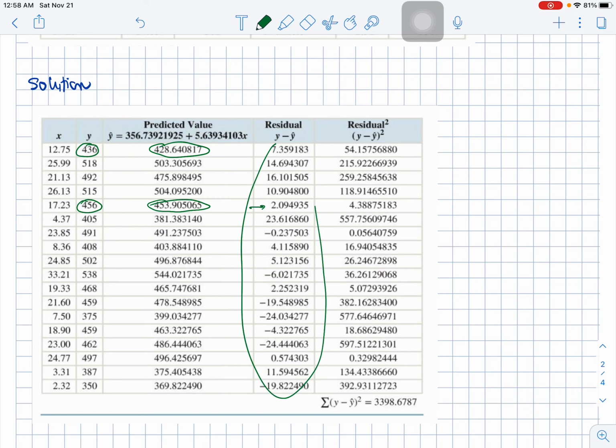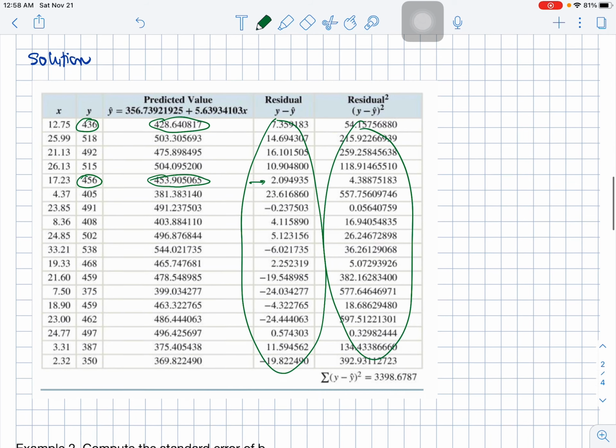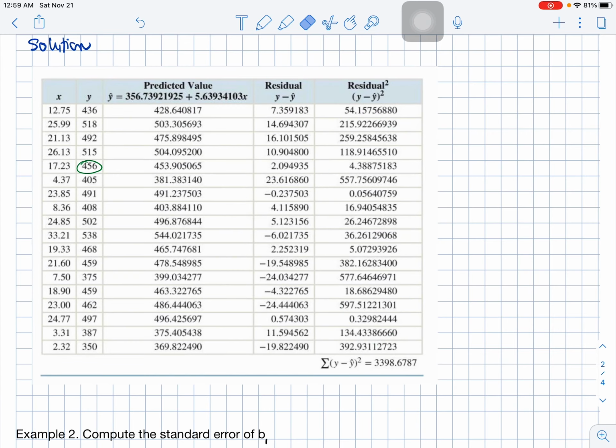After we get the residuals, we need to square them. The residual squared is (y minus y hat) squared. After we square them, we add all of these numbers up, and we will get 3,398.6787.